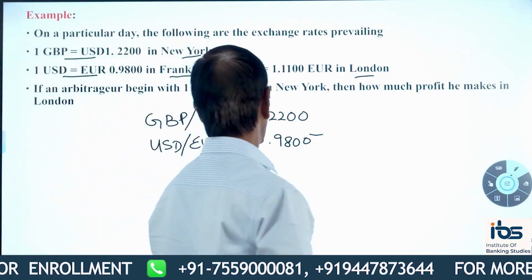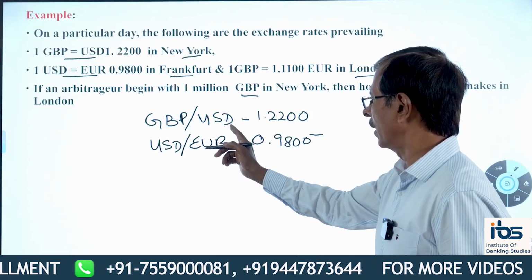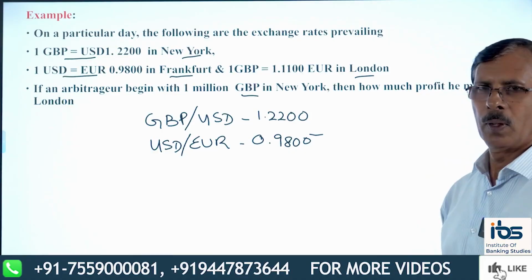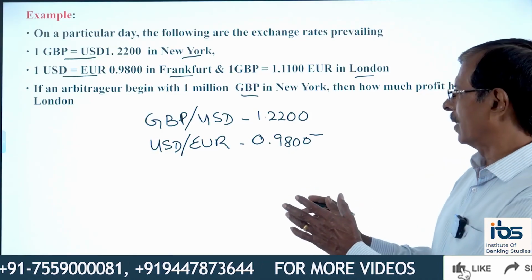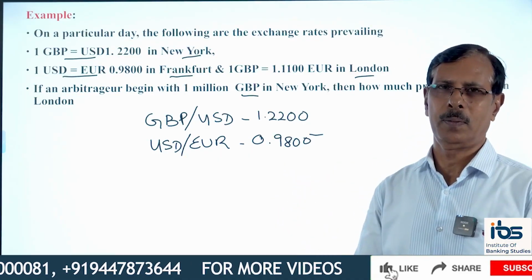Look at the two rates. Here GBP in terms of dollar, here USD in terms of euro. So the question is, on GBP, how many euro might he have got?